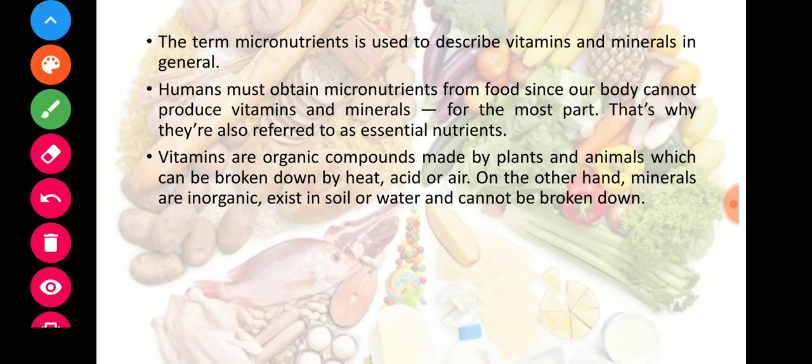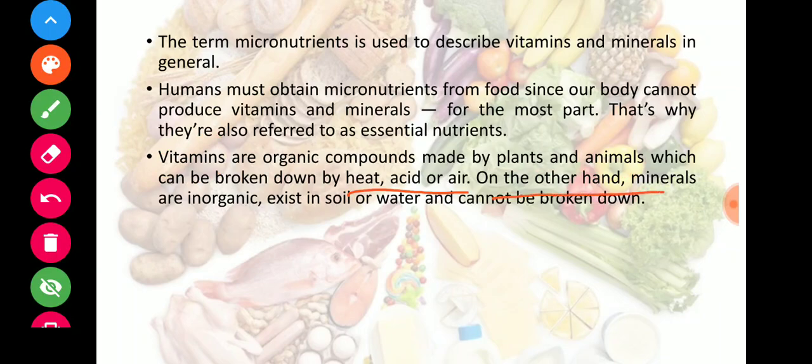Vitamins are organic compounds made by plants and animals. So we can get vitamins from plants as well as from animals, and they can be broken down by heat, acid or air.